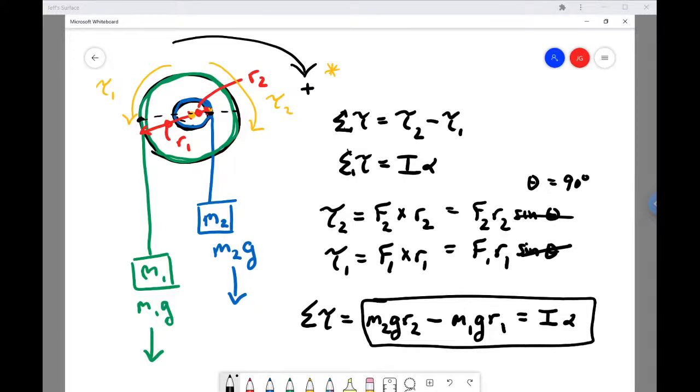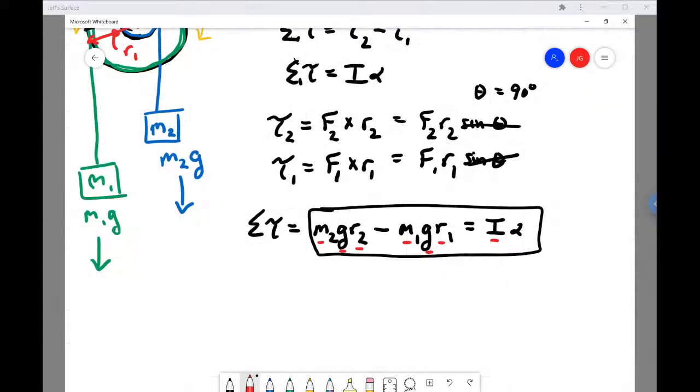In this problem, they ask you to find, with what you're given here, these are the things that you're given. You're given all those things, which means you can solve for alpha.